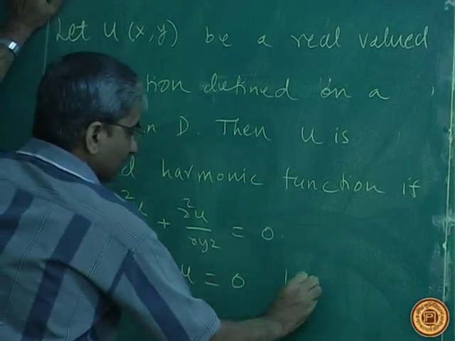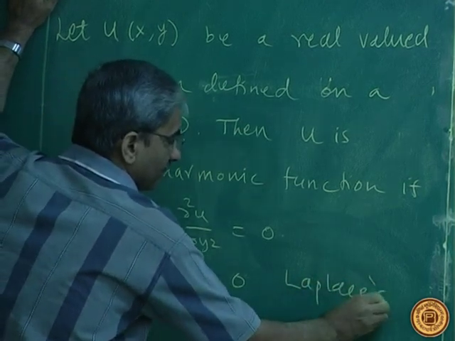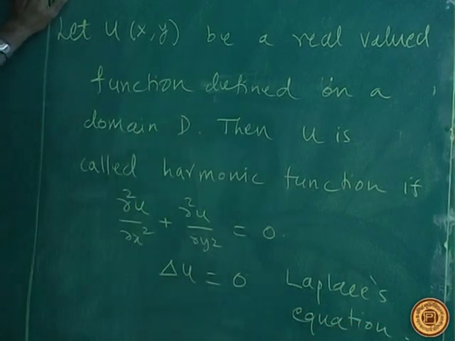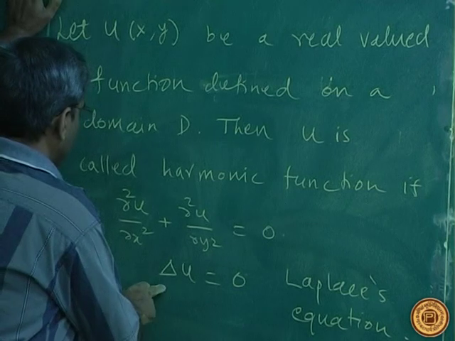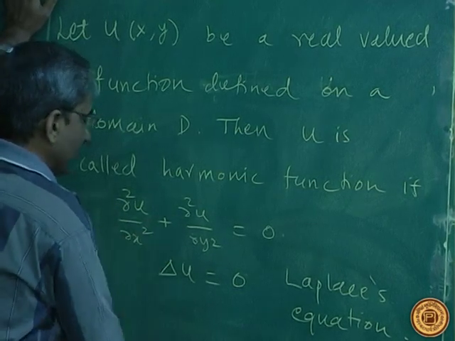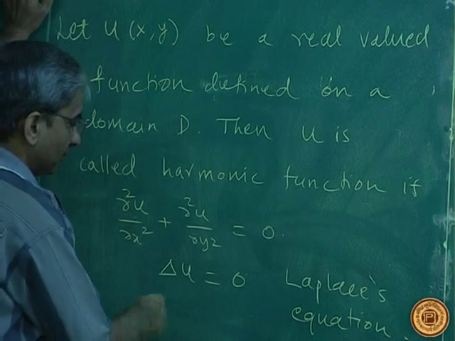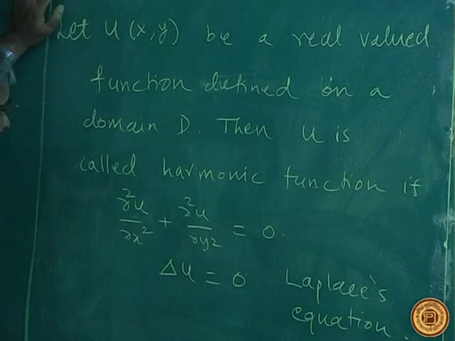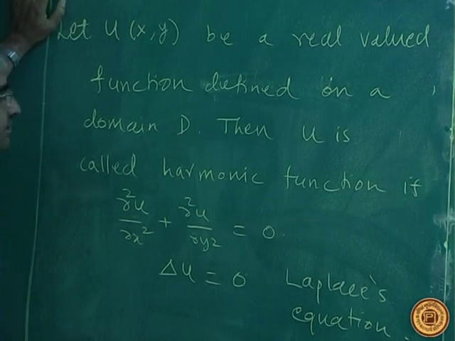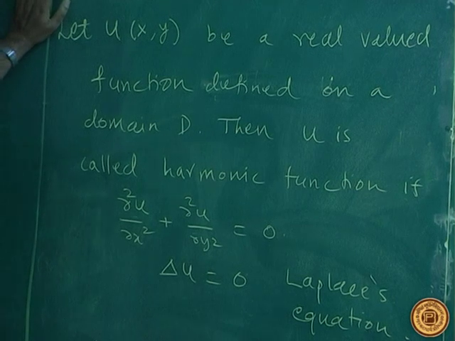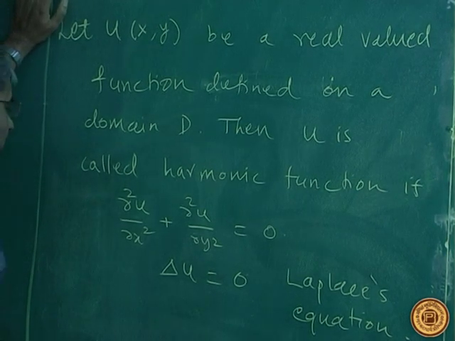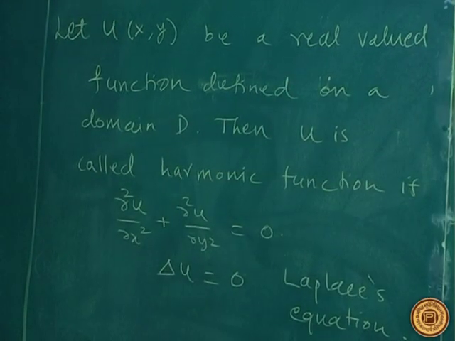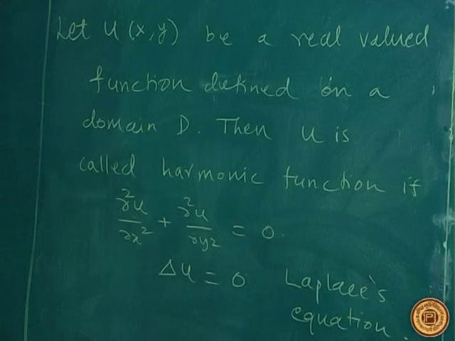It is called Laplace's equation. The operator Δ is ∂²/∂x² plus ∂²/∂y². It is a partial differential operator, the Laplace operator, sometimes called the Laplacian. So if u satisfies this, then it is called a harmonic function.